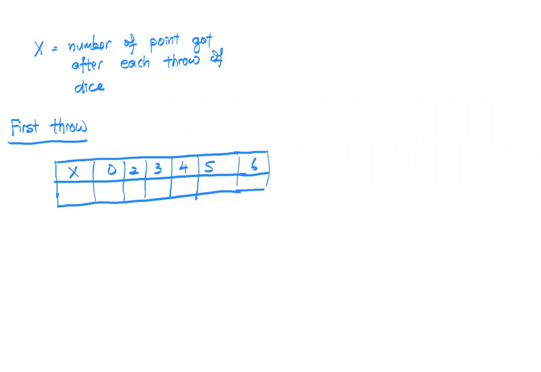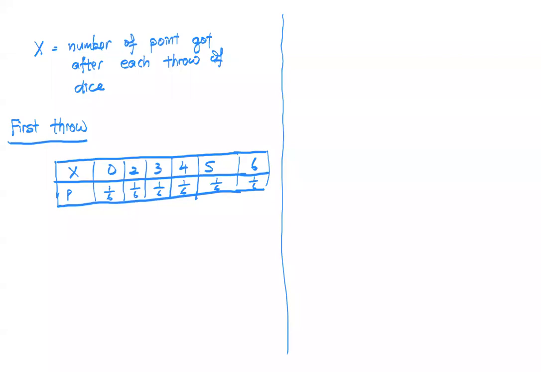So the probability for each point that you get will be the same because it's a fair dice. Are you okay? So that is the greedy pig thing.